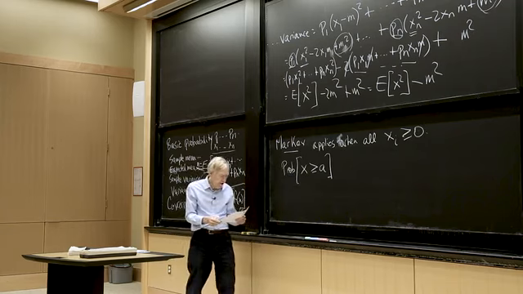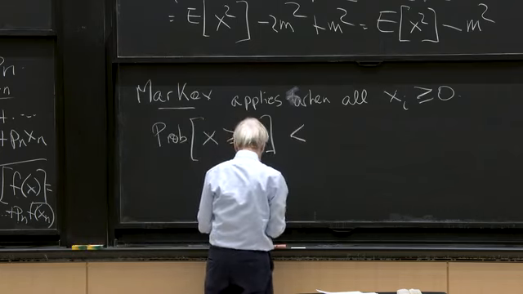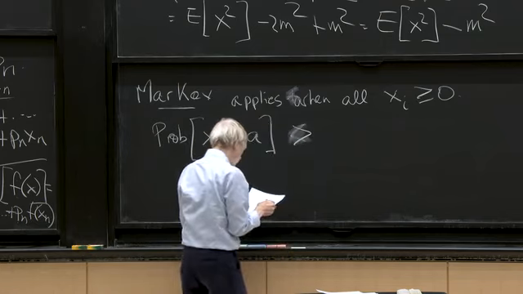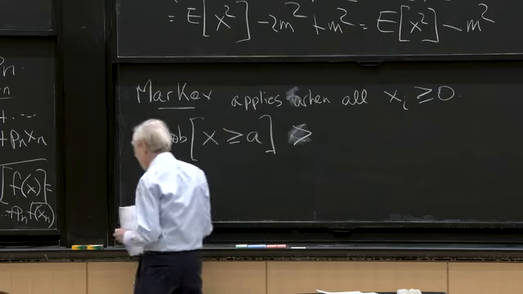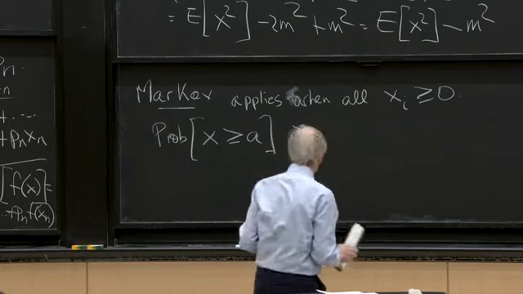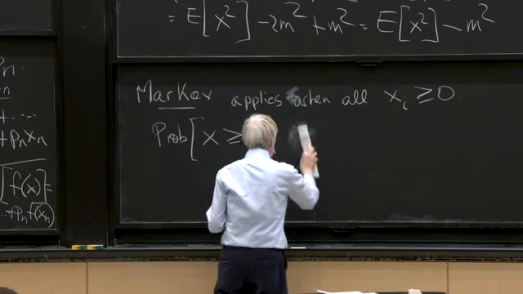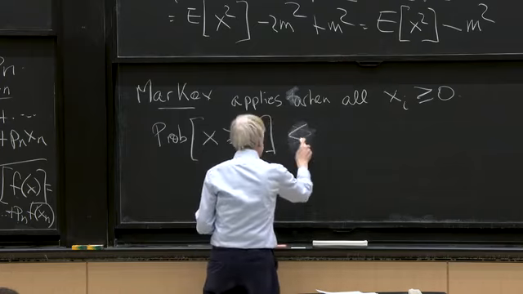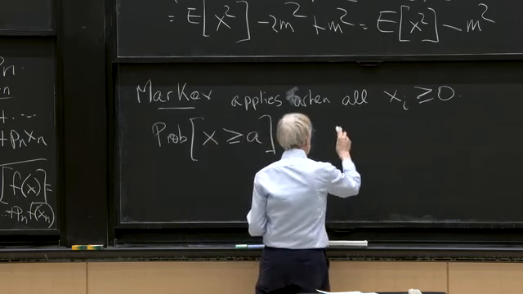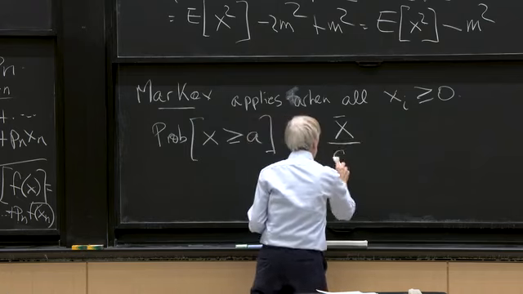And that's what Markov has done. He says the probability of that is at most, sorry, I said at least, at most, yes, got it, is less or equal to the mean, x bar is another way to write the mean, divided by a.